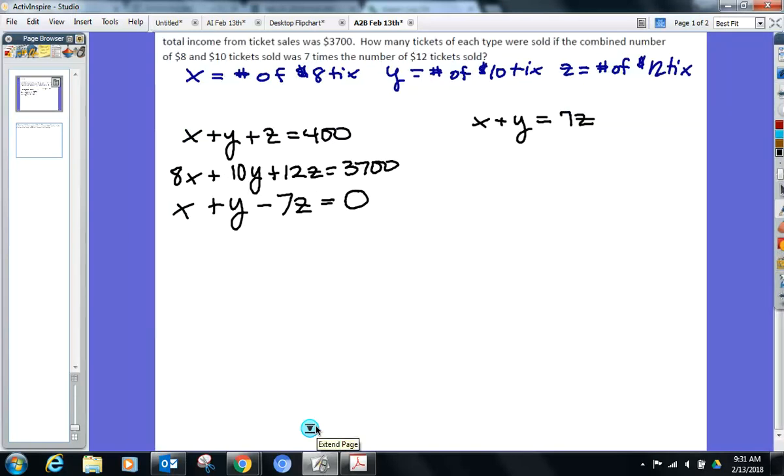So you want to keep this one the same or multiply it? It's up to you. Which one here are we going to keep the same, the first or the third? Okay, so I'll keep X plus Y plus Z equals 400 the same. If you want to get rid of the X, what do you have to multiply this one by then? -1. Everyone go ahead and multiply that entire equation by -1.